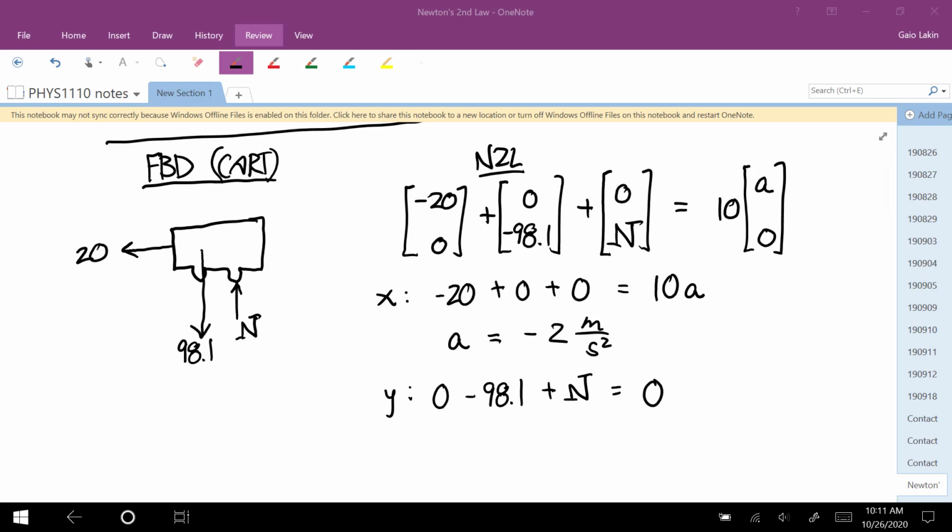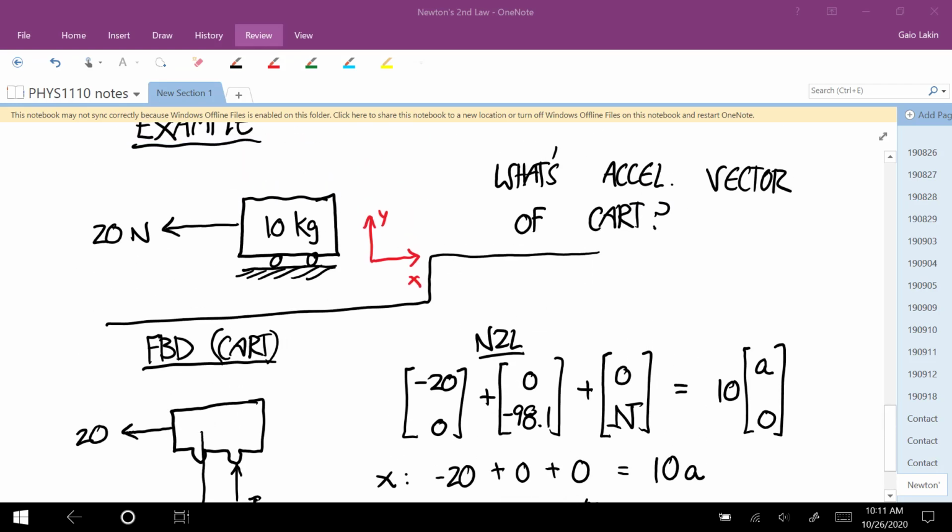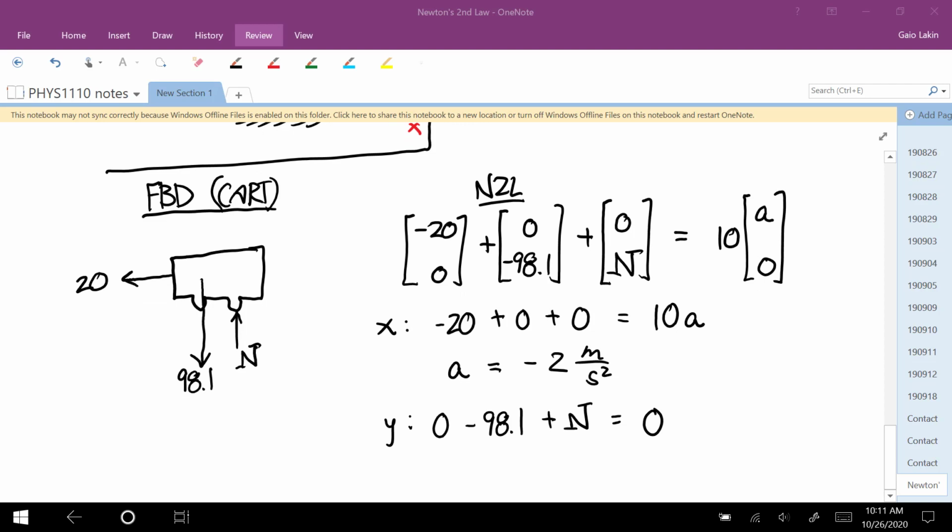Okay, so we calculated this variable a, but what we really want is the acceleration vector of the cart. So how do we come up with the acceleration vector of the cart from that value of the variable a? Well, again, there's two ways to represent that. One is in components, and one is an arrow with a magnitude.